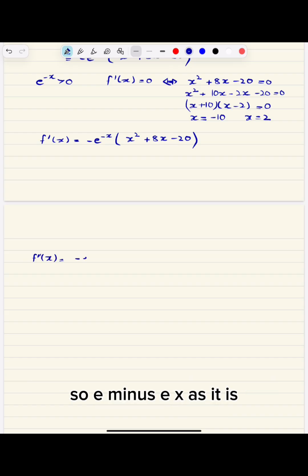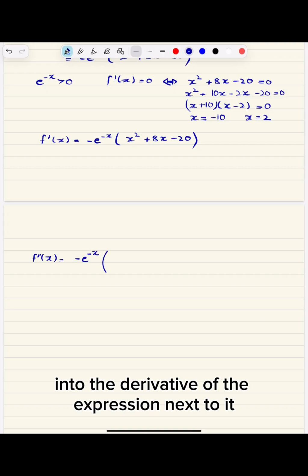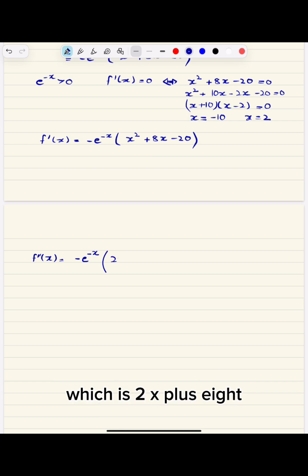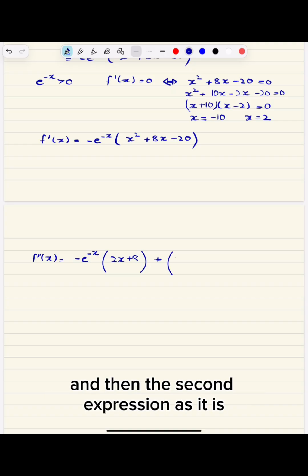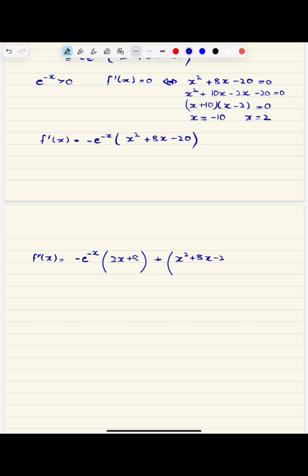So e to the minus x as it is, times the derivative of the expression next to it, which is 2x plus 8. And then we put a plus sign, and then the second expression as it is multiplied by the derivative.